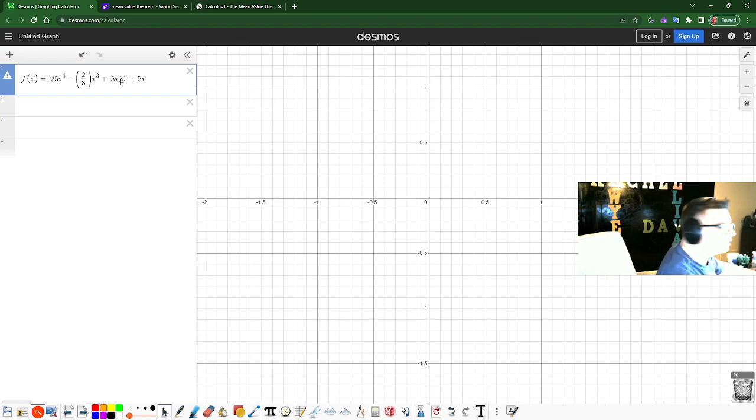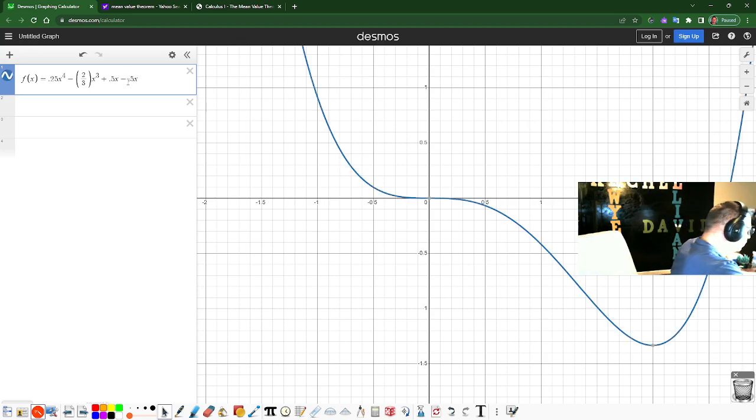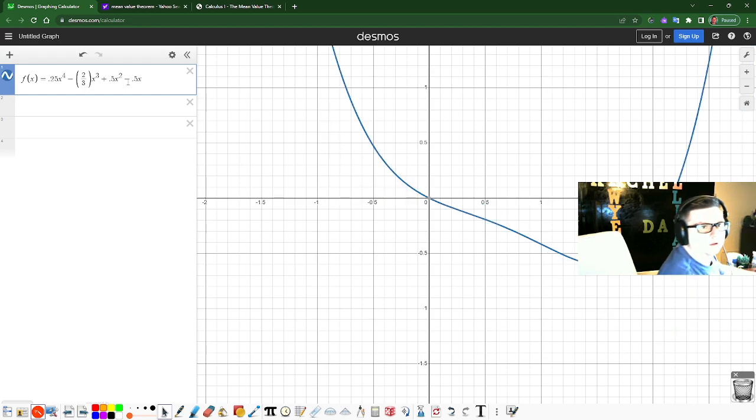Okay, so 0.25 x to the 4th minus 2/3 x cubed plus 1/2 x squared minus 1/2 x, and we're looking from 0 to 1.565.